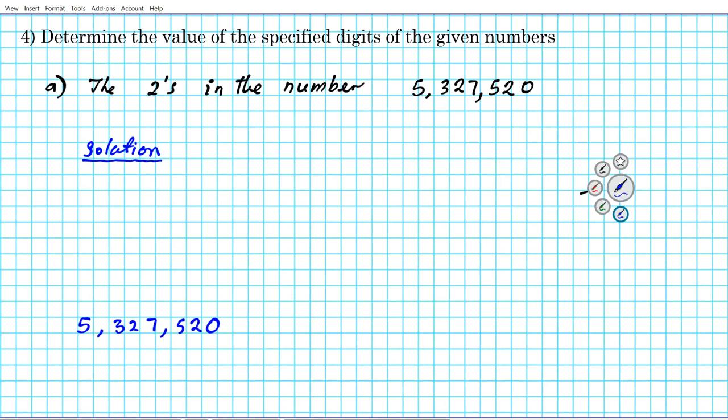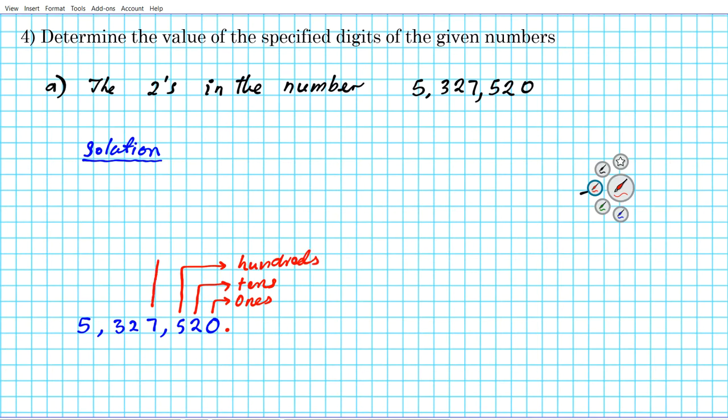Okay, all right, so starting with the 0, this is a decimal point right here. This is the ones place, and then the 2 is in the tens place, right? The 5 is in the hundreds place.